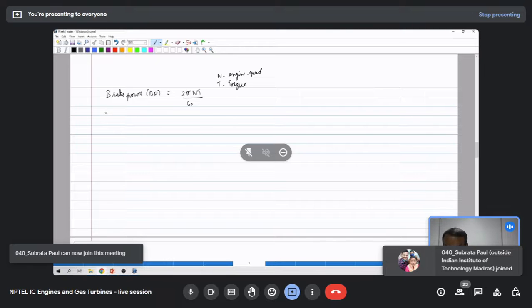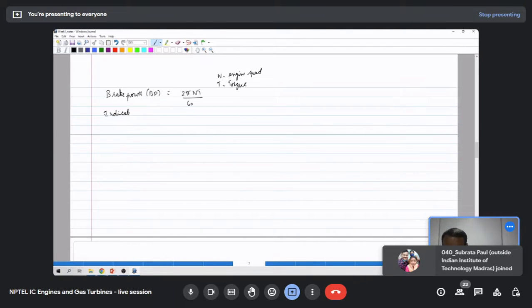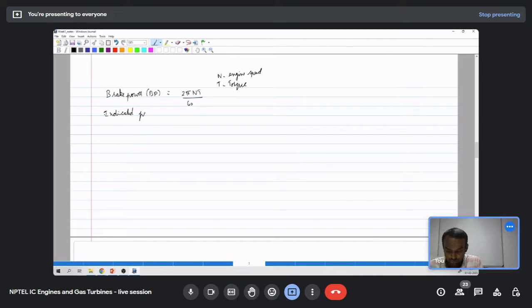And indicated power is IP, which is generally obtained by brake power plus friction power, and this can also be obtained by using mean effective pressure.